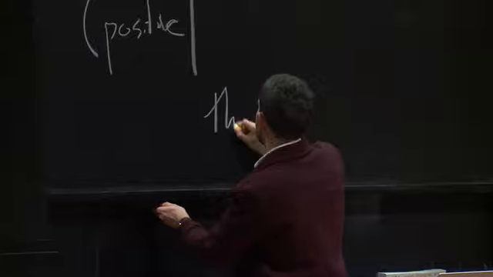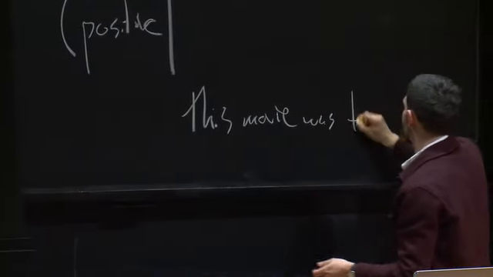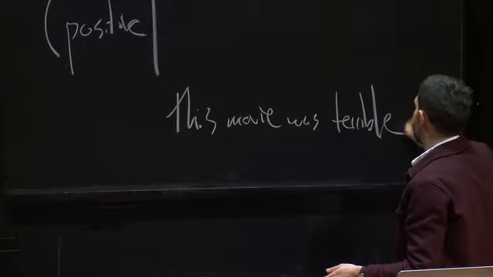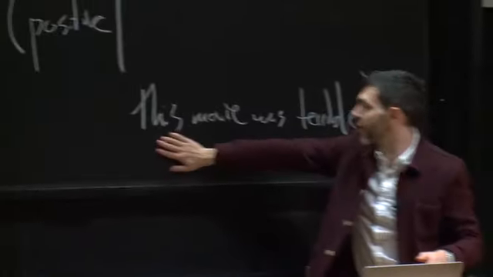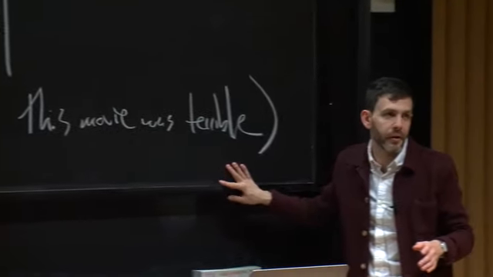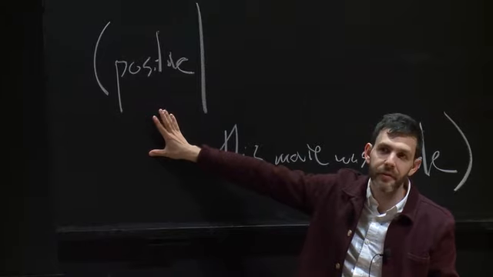So if I said "this movie was terrible", one thing we could imagine doing is asking a language model: suppose you saw the words "this movie was terrible" as input, what's the probability that the next word that comes out as output is "positive"?